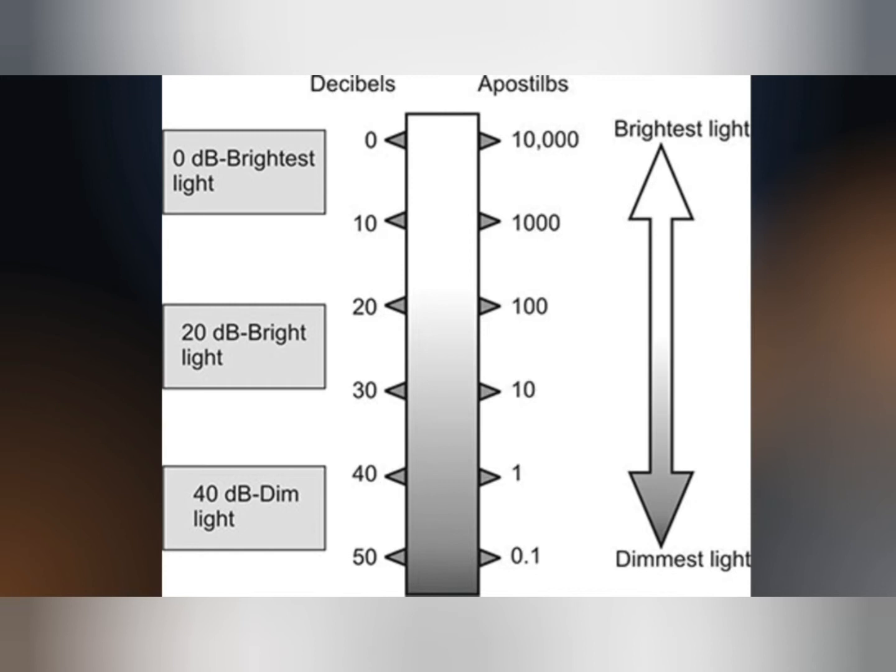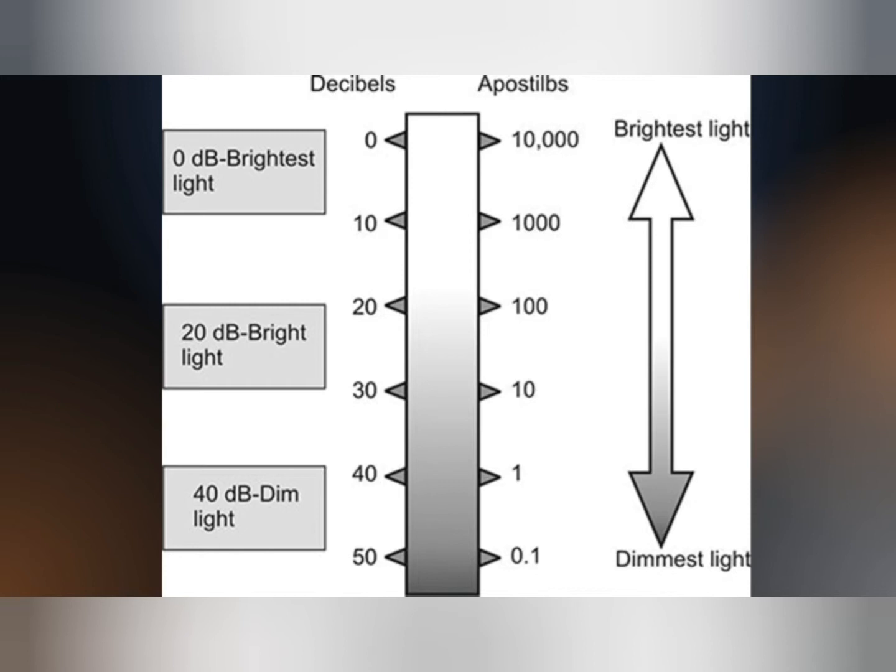Always remember that the fovea can detect the dimmest light stimulus because the fovea has the highest retinal sensitivity. So apostilbs are inversely proportional to the sensitivity of the retina, and they are expressed in large numbers. It is difficult to arrange large numbers in the report, and because they are inversely proportional to retinal sensitivity, they are difficult to interpret.